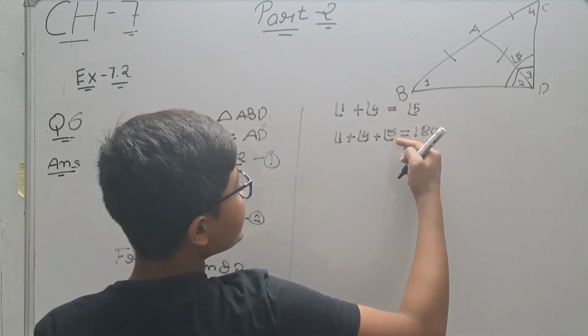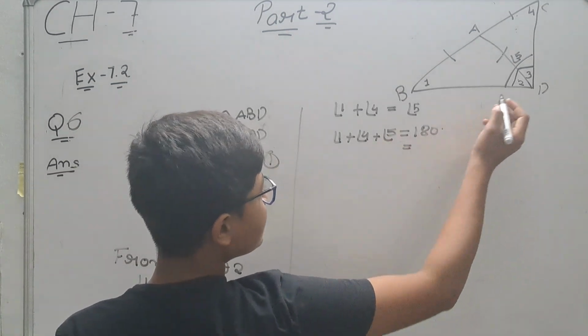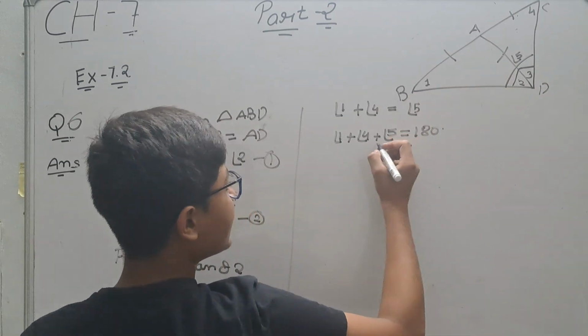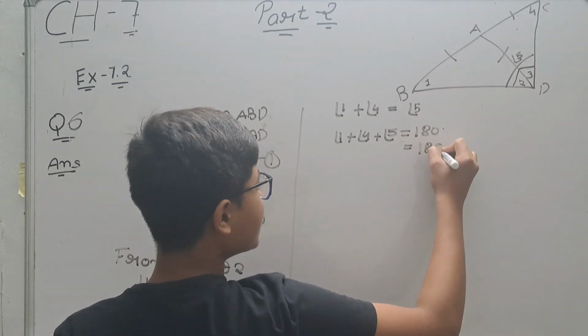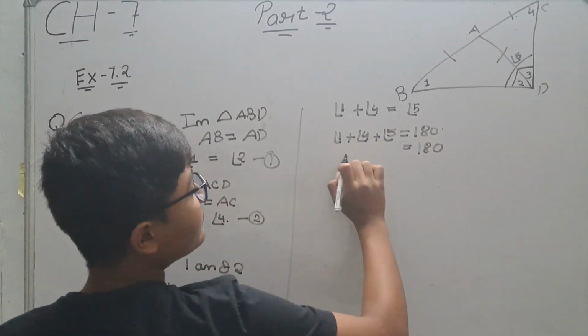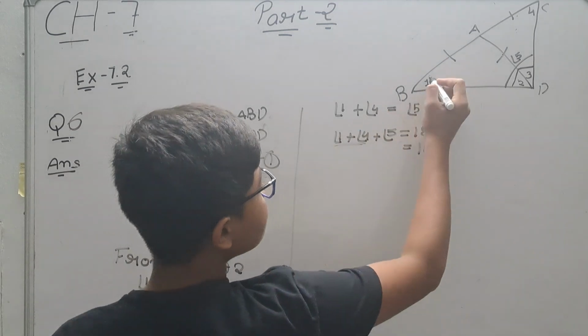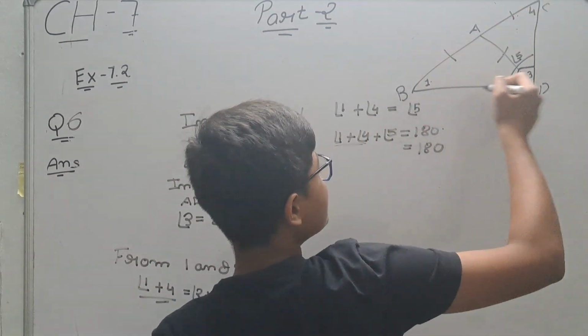So we said that we have to prove this is 90, but we get 180. When we add angle 1 and angle 2, when we add this angle and this angle, we get this whole triangle.